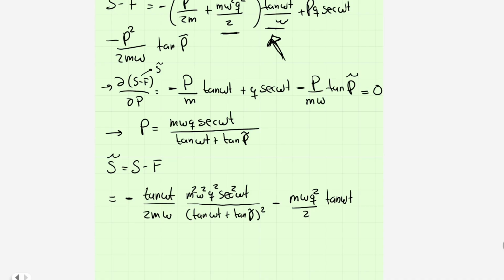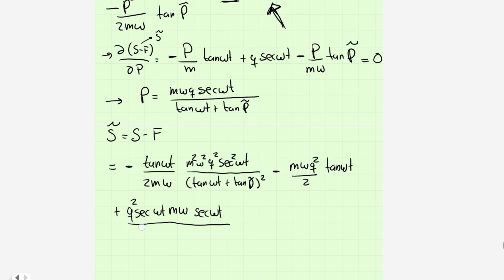And then minus m omega q squared divided by 2 tangent omega t for this expression. And then we will have plus q secant omega t times P, but that will make a q squared here, then m omega secant omega t divided by tangent omega t plus tangent P tilde.